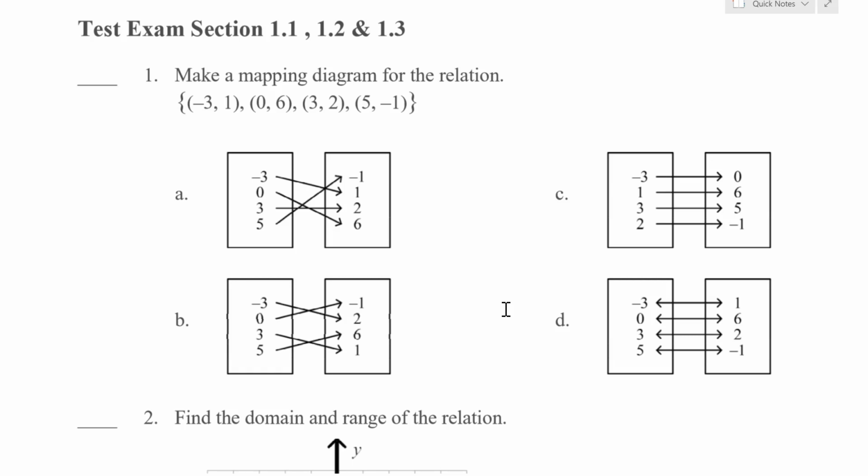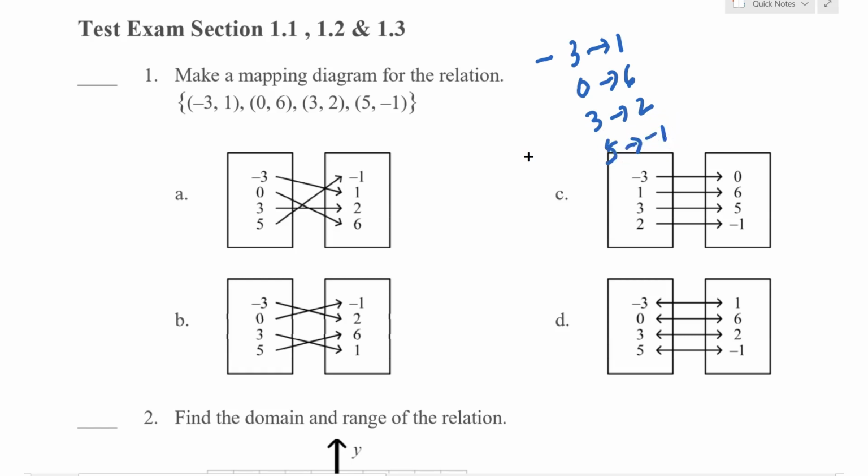So number one, it says make a mapping diagram for the relation. So we have -3 to 1, and I've always said to make a mapping, so we have -3 is to 1, 0 is to 6, 3 is to 2, and 5 is to -1.